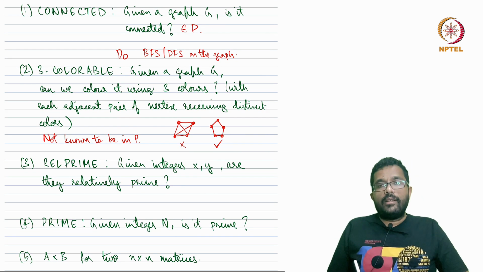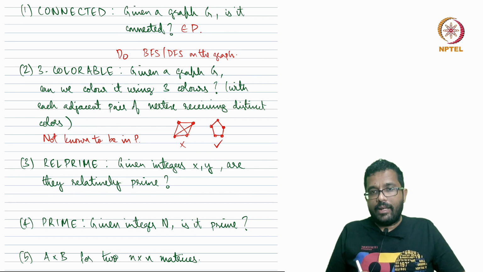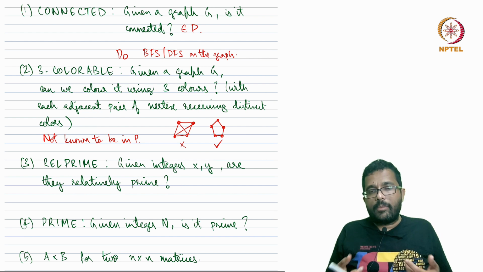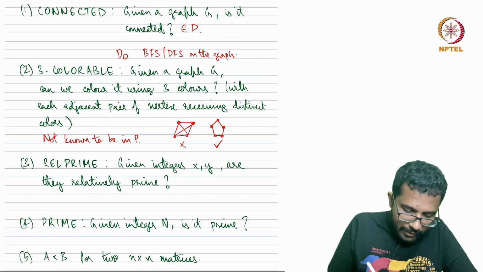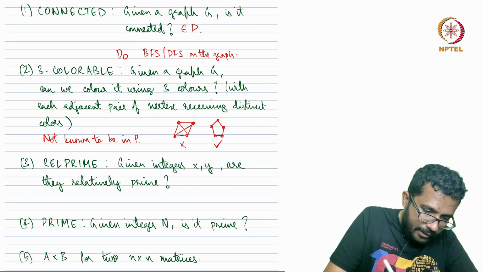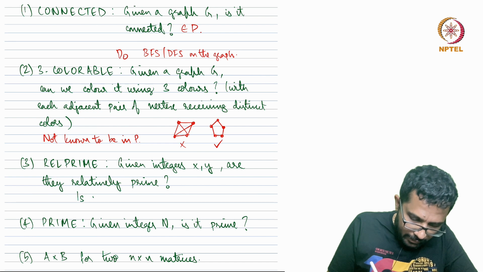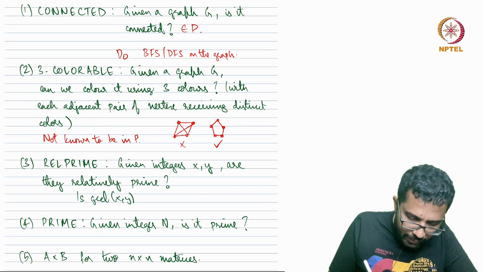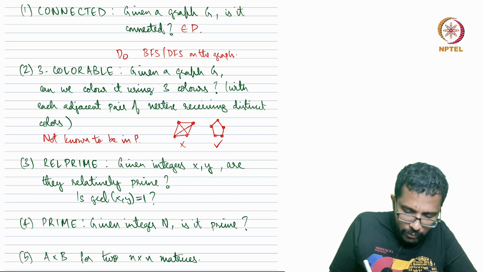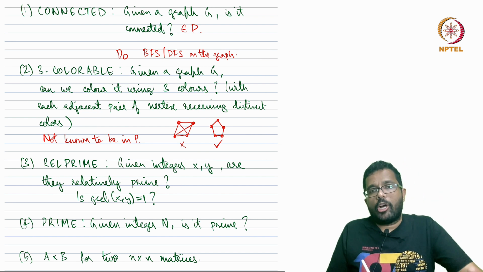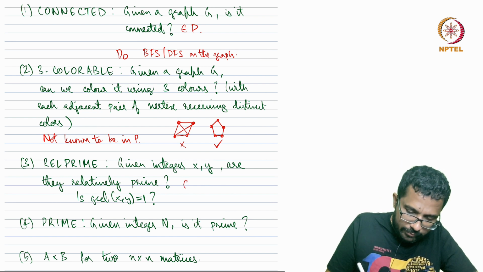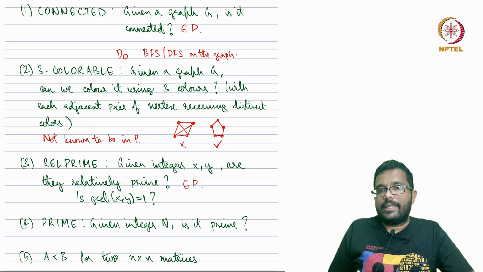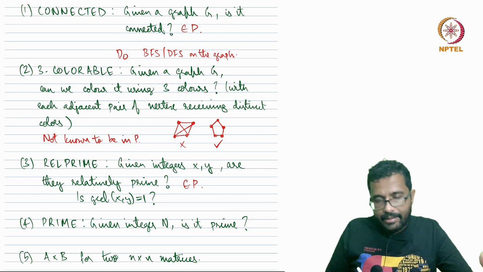Relatively prime. Given 2 integers x and y, are they relatively prime? Meaning, is the highest common factor, or highest common divisor, sometimes known as GCD, equal to 1? In other words, is GCD of x, y equal to 1? This will happen only when they are relatively prime. Is there any common factor? In fact, this is known to be in P. There is something called the Euclidean algorithm that tells you how to do this.